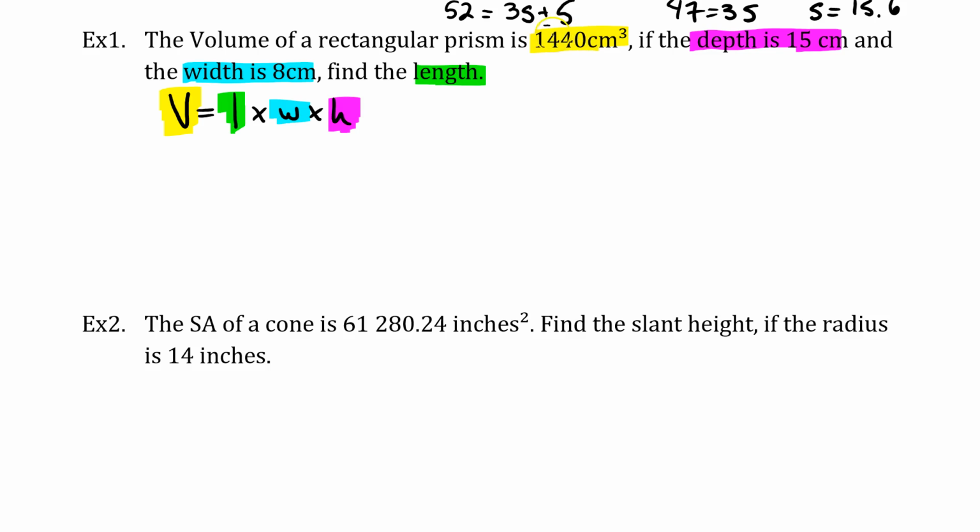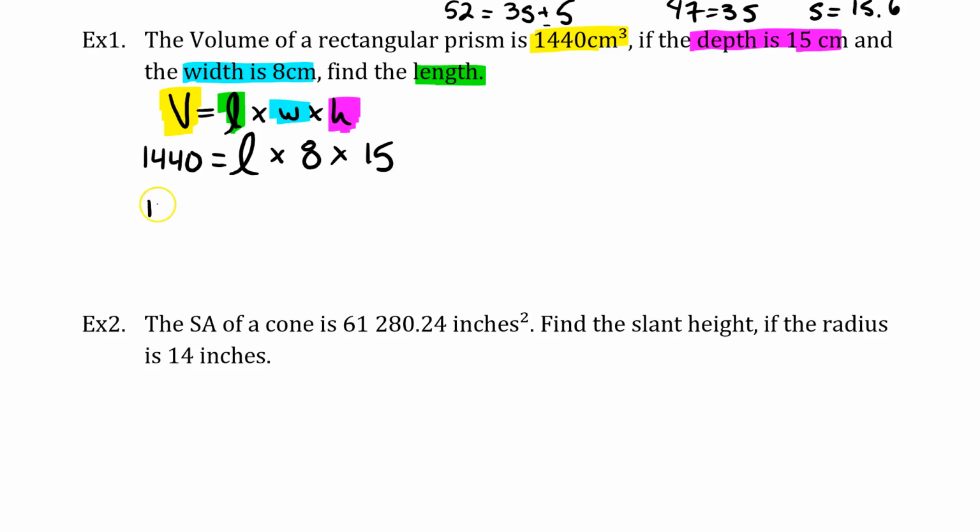So I know the volume is 1,440. The length I don't know, so I'm just going to write it as the variable, times the width, which is 8, times the depth or the height, which is 15. First I'm going to figure out what 8 times 15 is.